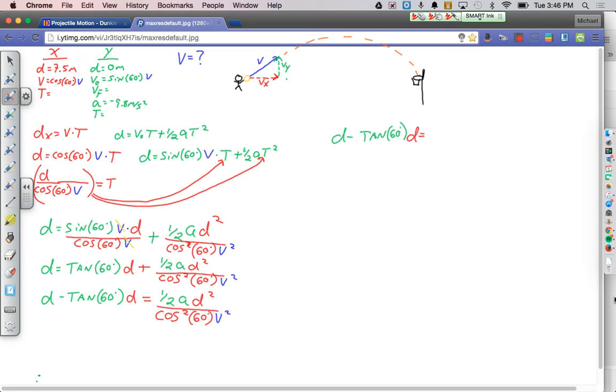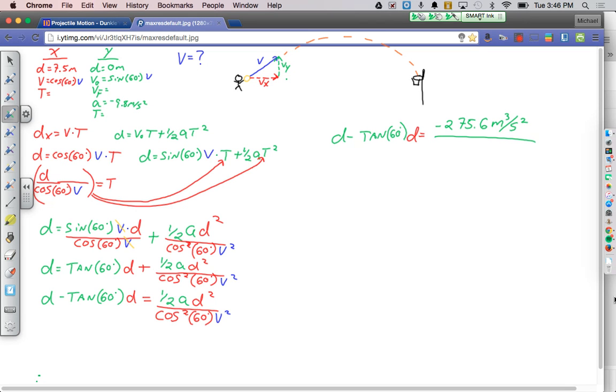And that's going to equal, as I said, if we multiply the 1/2, the a, and that d, so it's 1/2 times negative 9.8 times 7.5 squared. What I get is negative 275.6. And if you want the units on that, it's a little bit weird. It's actually meters cubed per second squared.